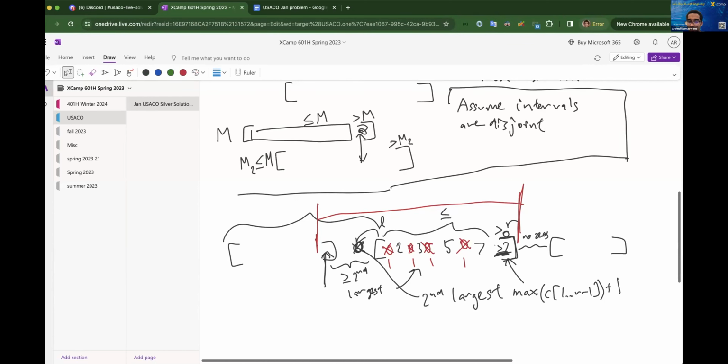Since we want the lexicographically smallest, you find the closest 0 to your left and change that to the second largest. Then you change this to max plus 1. And if it's a 0, you can still consider it as a candidate for an element to change when you're looking at the next interval. And then at the end, just change all the zeros to ones and check if it's valid. So that's the idea for the solution to problem 1.